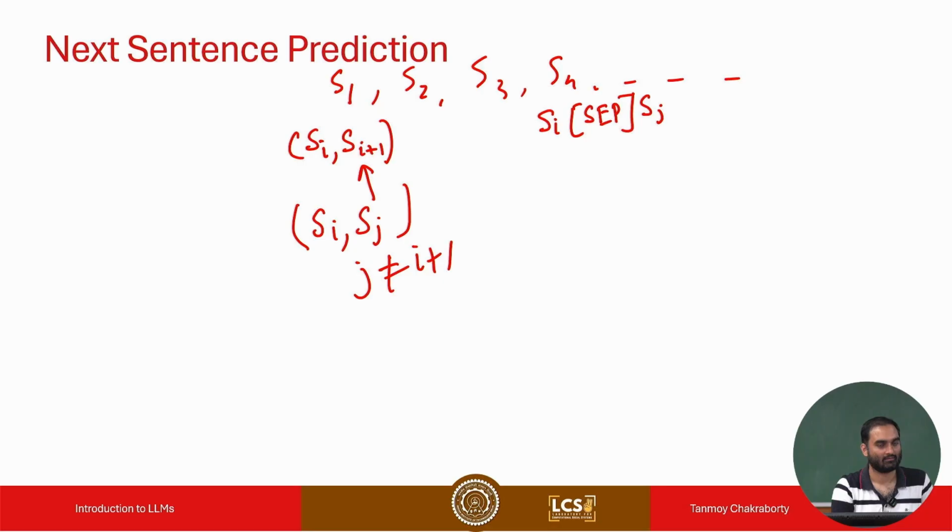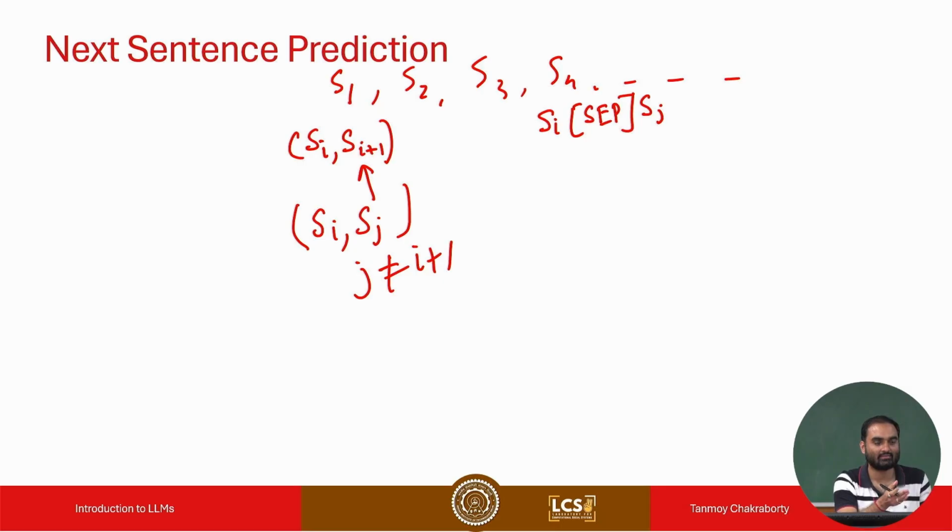Now, why is this task important? Because in the first task, masked language modeling, you are basically asking the model to understand the orientation of tokens within a single sentence. Here you are asking the model to understand the orientation between two sentences, two sequences.